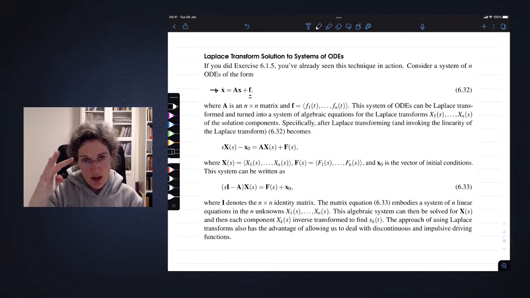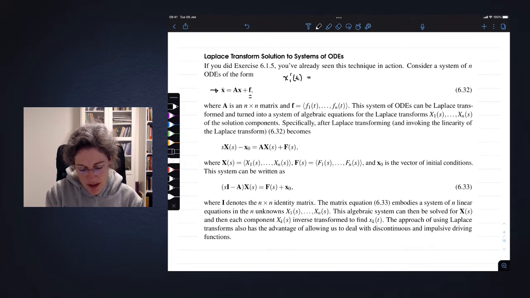So just so that you have a clear idea in your head of exactly what this matrix equation is, it's something like, for example, the first derivative of x1 is equal to some constant times x1 plus some constant times x2. Remember, each of these x's is a function of time. And we have, so that should be an a. So we have n of them, so that's xn of t plus, and then we have some explicit function of t. That's our first differential equation.